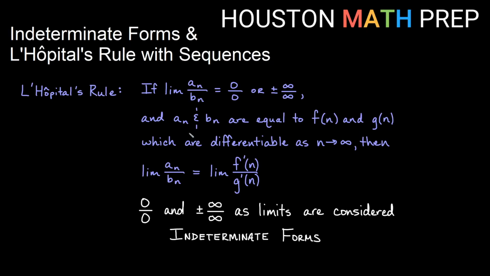For sequences, all we really want to do to make an adjustment here is, as long as we can think of both of these sequences as some sort of function of n, basically you have a function that mirrors the behavior of a and a function that mirrors the behavior of b, then we can go ahead and apply the same rule, L'Hopital's rule, for the limit of some sequence over another sequence, taking the derivative as though they were functions. Remember, these aren't functions, they're only defined for whole number values of n.